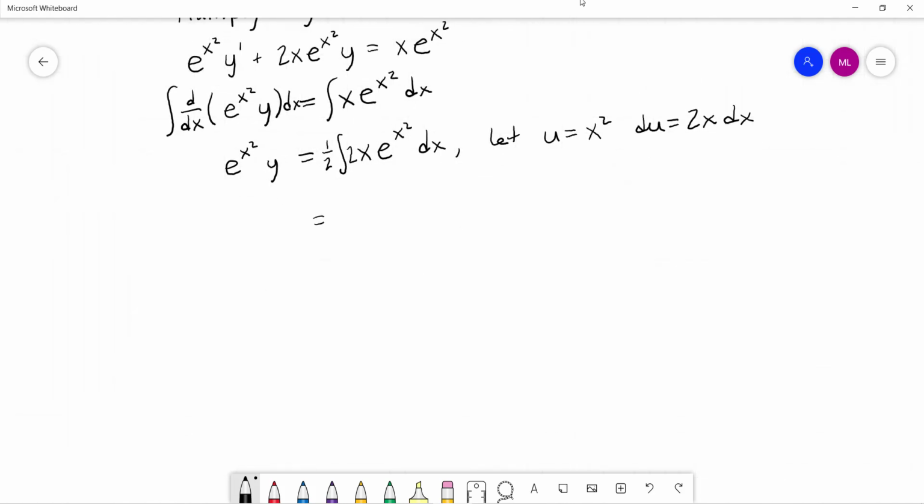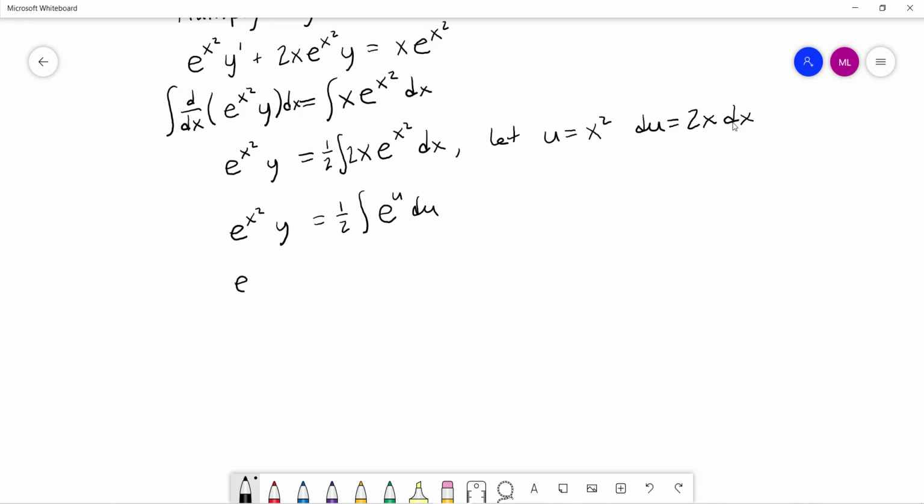The left-hand side isn't going to change. We're not touching that for the time being. But on the right-hand side, I have my 1/2. I can rewrite this as e to the u, and here is my du, 2x dx.